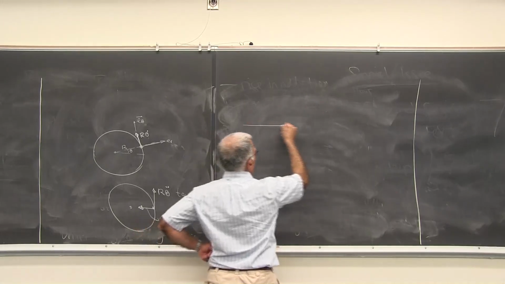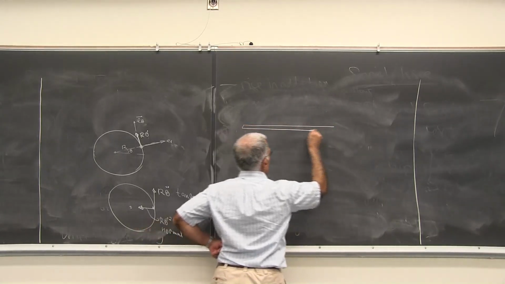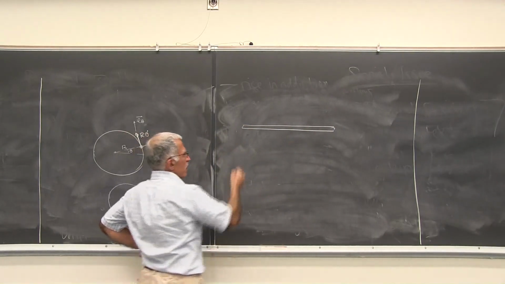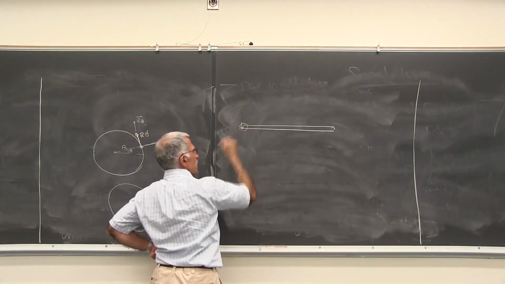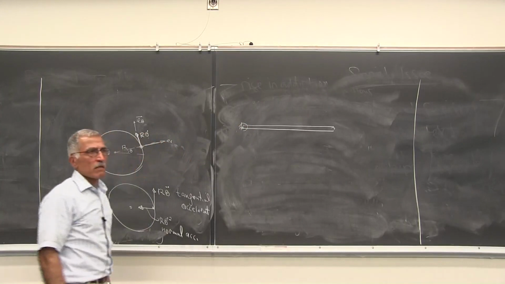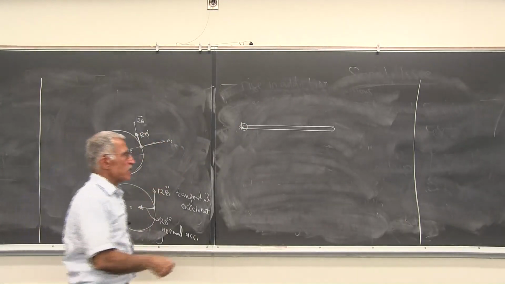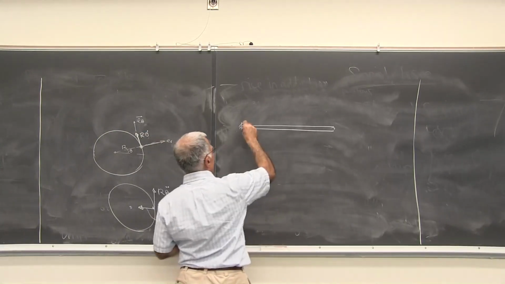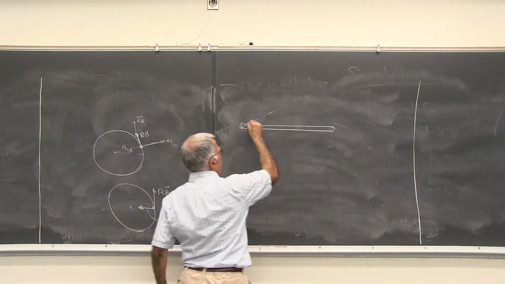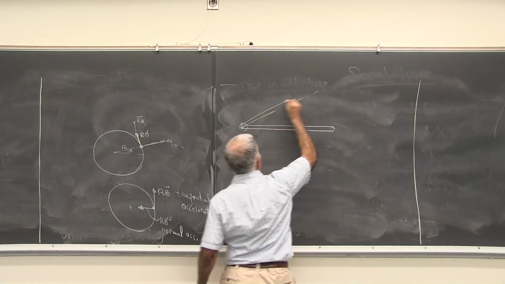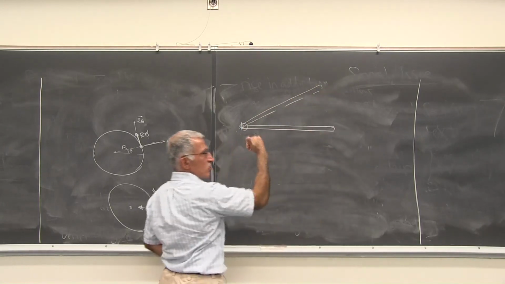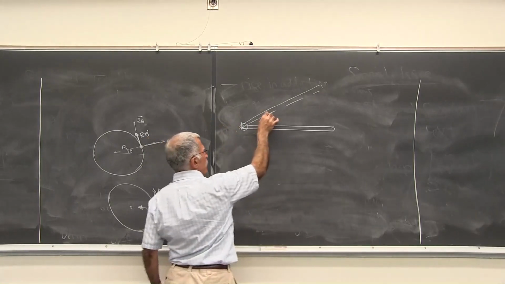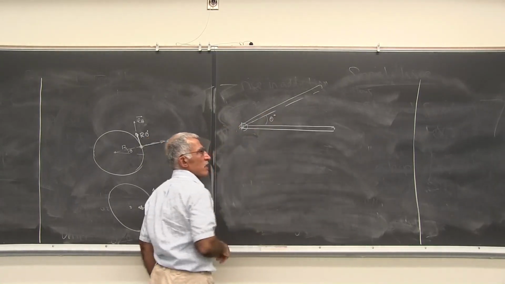Let's say that you do have this bar, and you can say it's hinged here. So this bar rotates, and let's say it goes up. You can say that this bar is going like this and has some angular velocity normal to the page, which is theta dot.